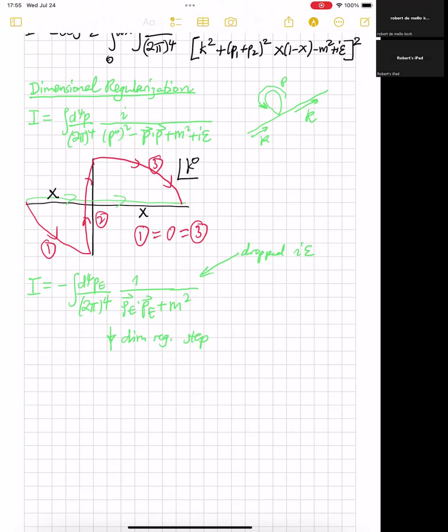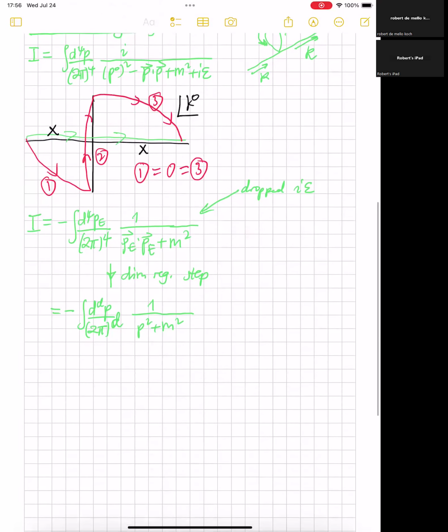What do we do? Well, we now claim that our theory is defined in d dimensions. And I'm going to drop the subscript Euclidean, okay? So this will be (2π)^d. And then we will have 1 over p² + m². So everywhere where I had 4 dimensions, I've just plugged in d dimensions.